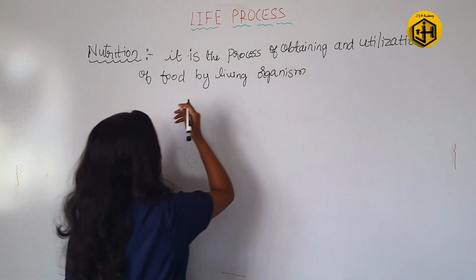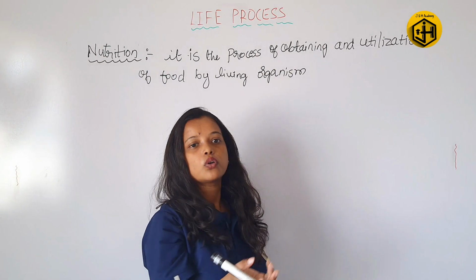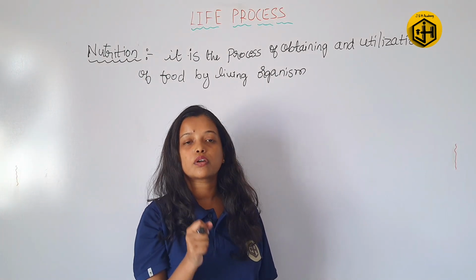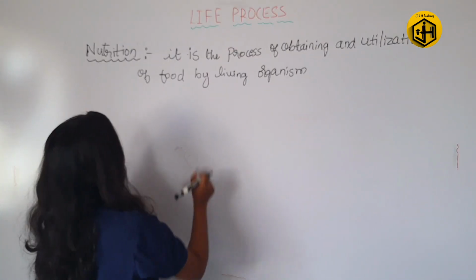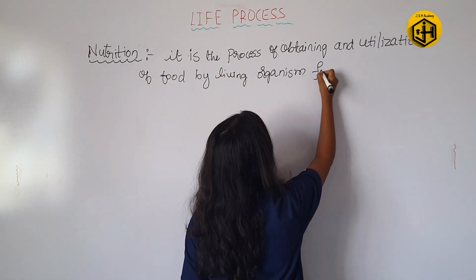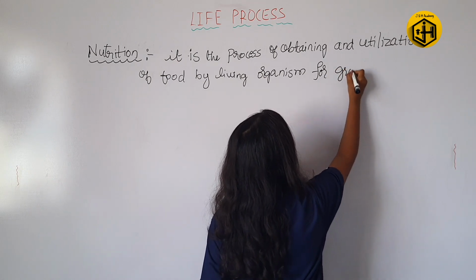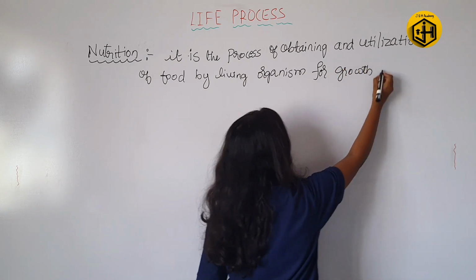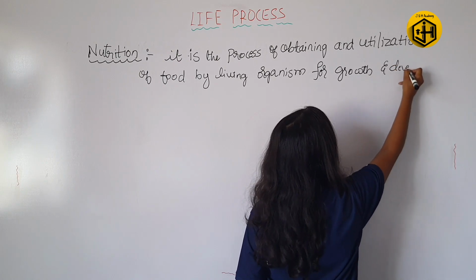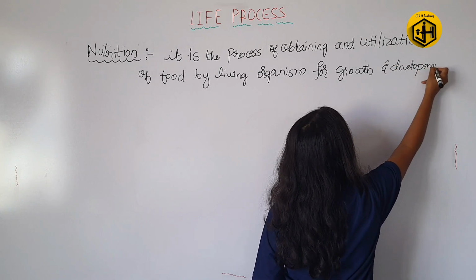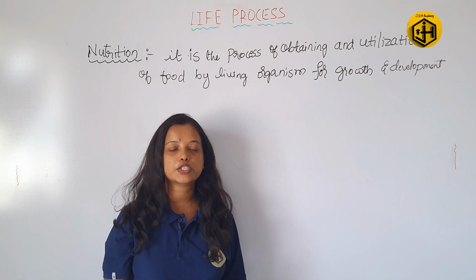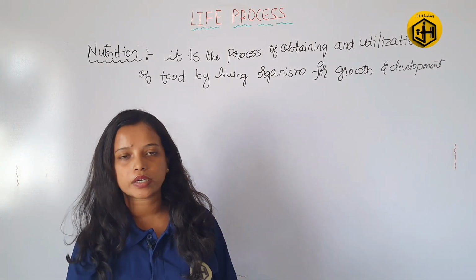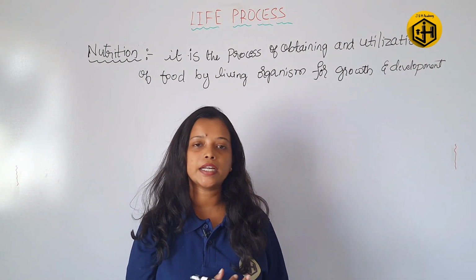Why does the living organism have to obtain and utilize food? For its growth and development. So we can add that in the definition. What is the definition of nutrition? It is the process of obtaining and utilization of food by the living organism for their growth and development.